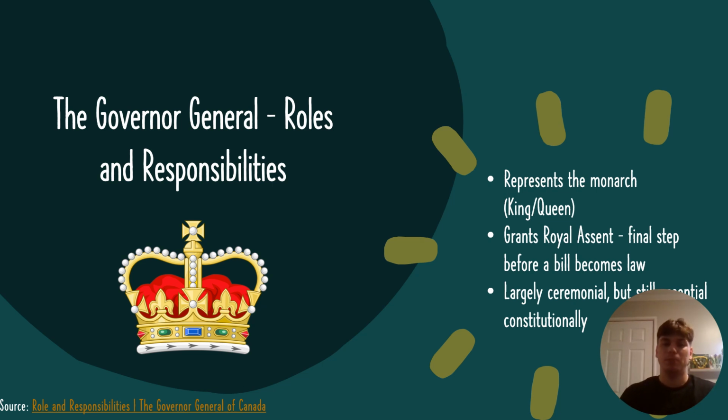This step is mostly symbolic in modern times, as the Governor General acts on the advice of the Prime Minister and his cabinet. However, their role also includes summoning or dissolving Parliament, calling elections, and ensuring continuity of the government itself. They are seen as a neutral figure who represents the unity of the nation above political debates.